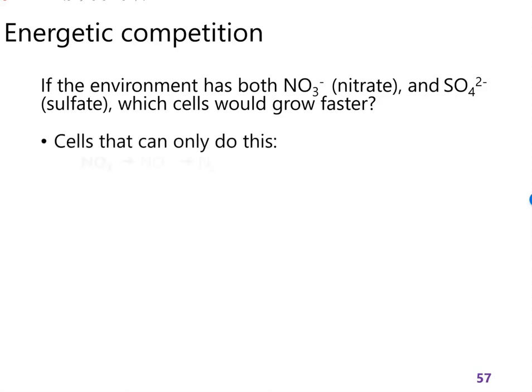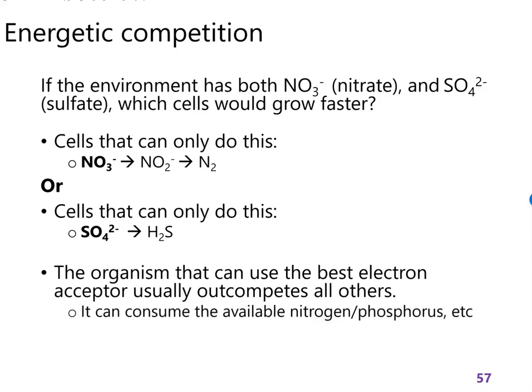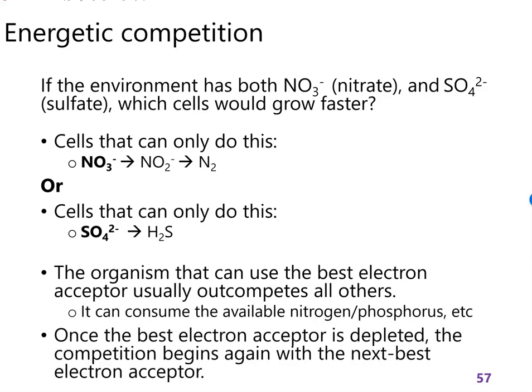Well, if some cells can only do the nitrate reduction and some can only do sulfate, it's the one that can use the best electron acceptor. That's the one that's going to win. So the electron acceptor that is best at accepting electrons gives that organism the most energy. And in this case, that turns out to be nitrate.